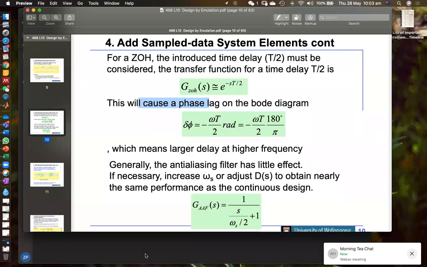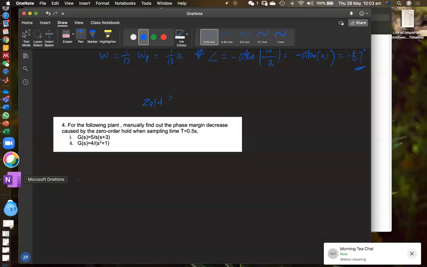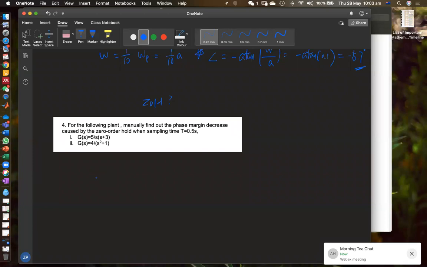Okay, so back to here. The formula to do that, the delay, or I would say delta theta, is equal to negative omega T over 2. So why is it over 2? Because it's kind of a half step delay.